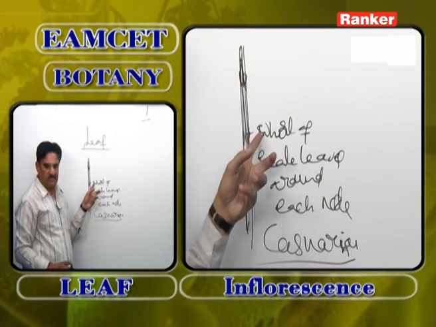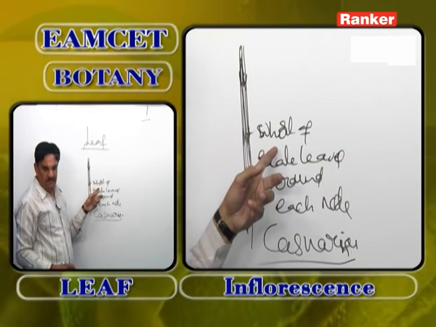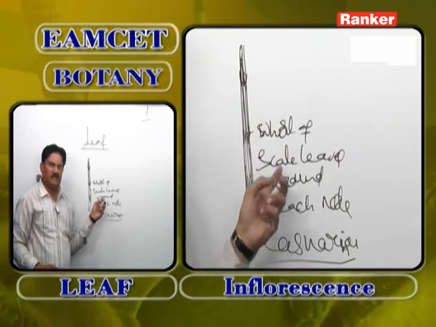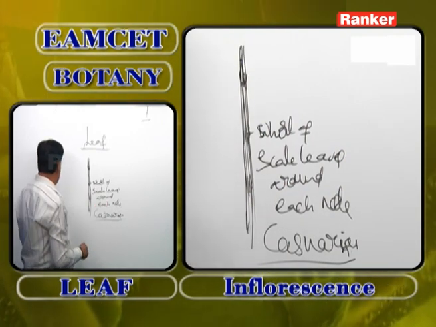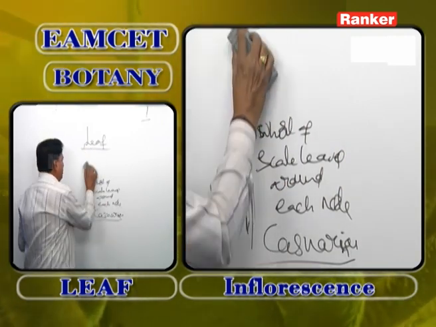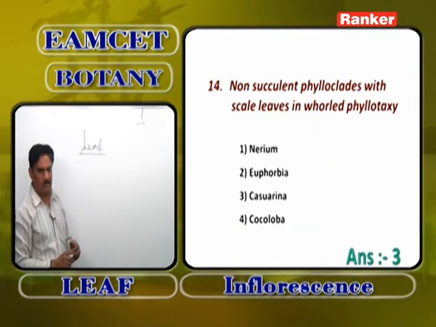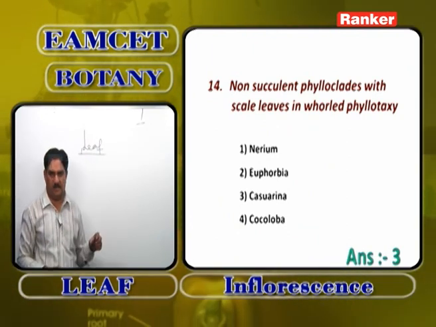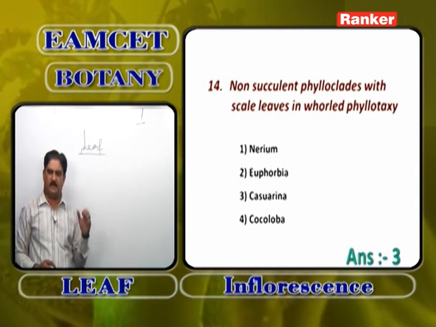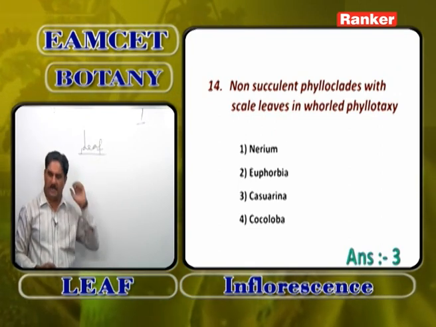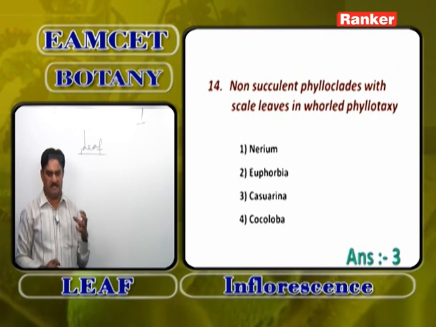So the answer is Casuarina. In the case of Nerium, you don't find any scale leaves. In the case of Euphorbia also, leaves are modified into spines. And when it comes to the last one, Coccoloba, it is a phylloclad, but it is a broad, expanded, ribbon-shaped phylloclad which is very much branched.